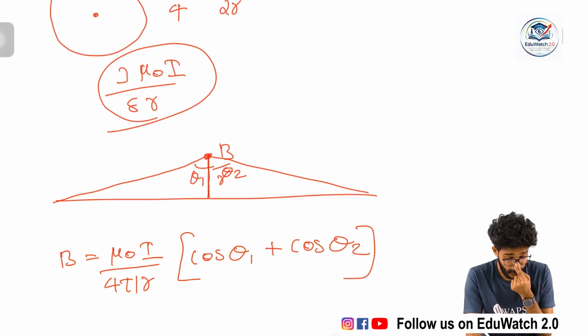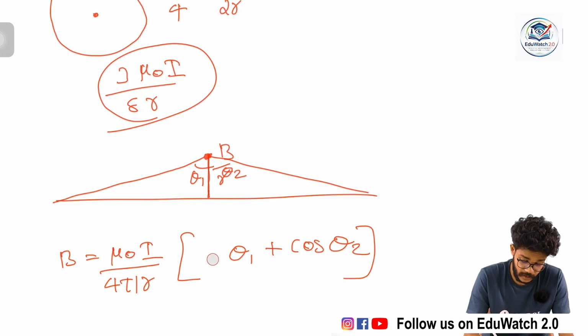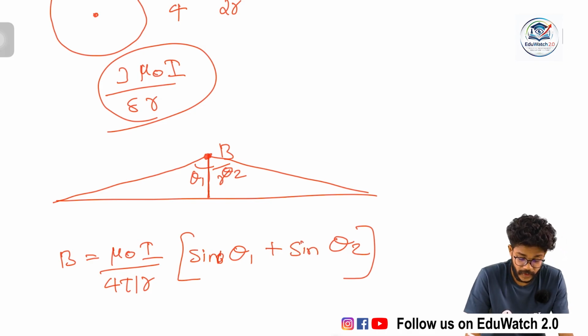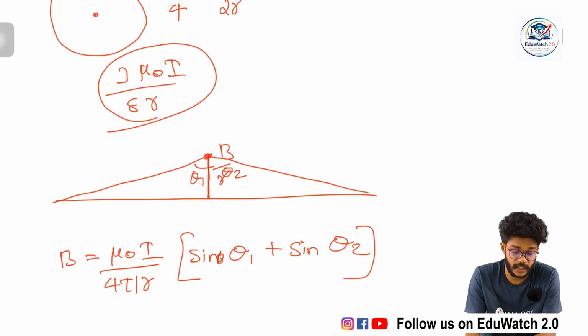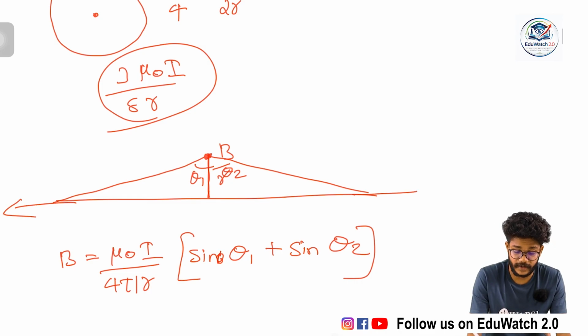If this angle is 90 degrees then it becomes sin theta 1. It is not cos, it is sin, both are sin. If theta 1 is 90 degrees then it will be maximum. If this line is an infinite line, then theta 1 becomes 90 and theta 2 becomes 90.